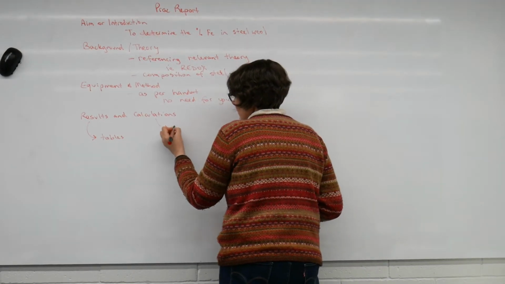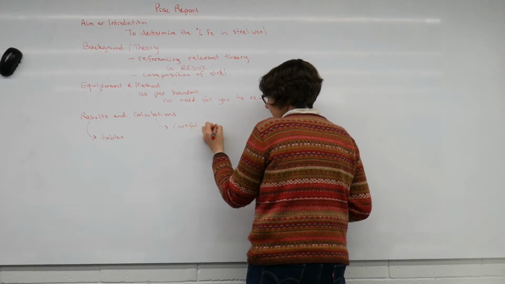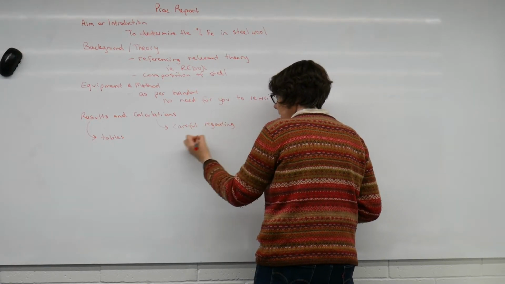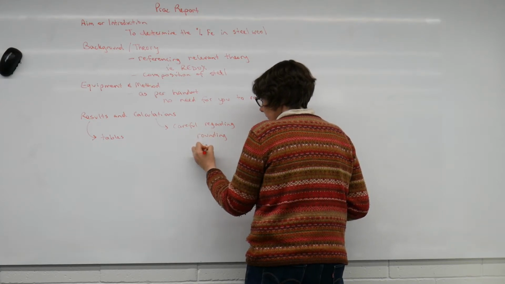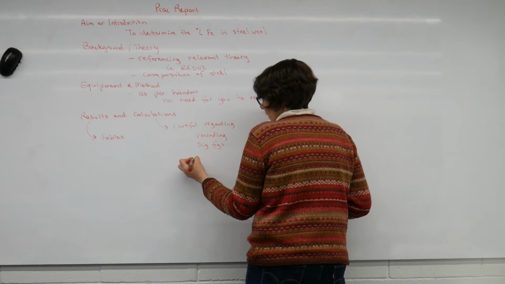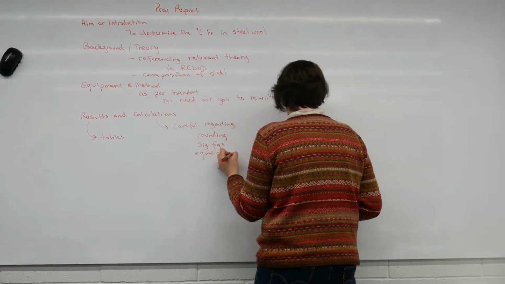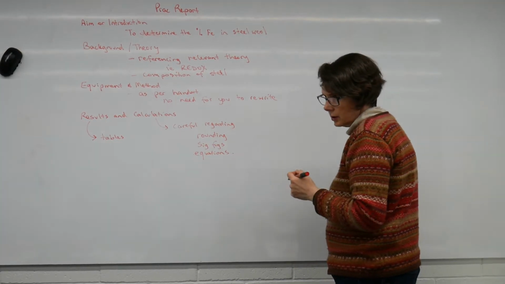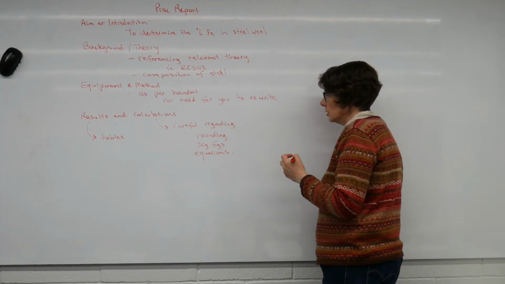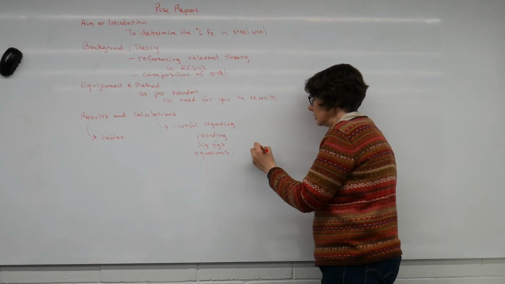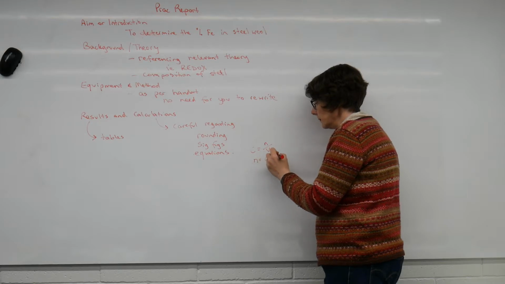And here you will need to be careful regarding rounding, sig figs, and equations. So you really always write the equation that you're using prior to substitution. And please remember that it is C equals n on V, and then n equals CV.